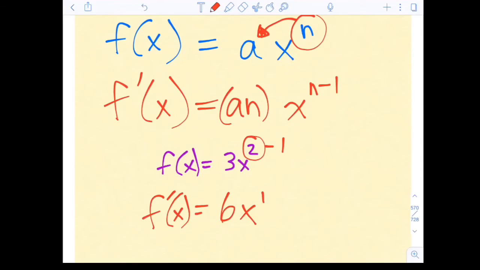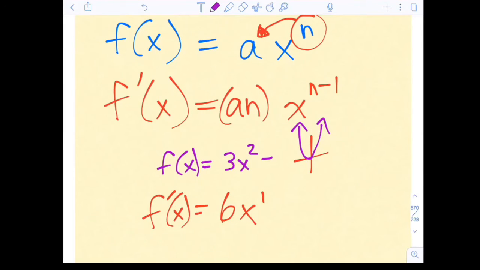Now 6x is the derivative of 3x squared, and that is the slope formula. So we know that 3x squared looks like a quadratic, maybe something like this. So we have this graph over here.